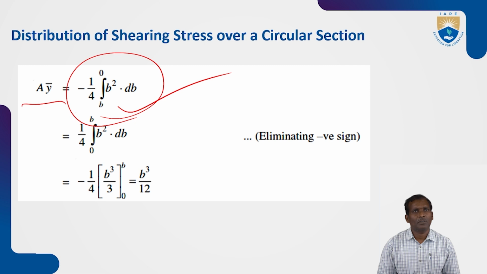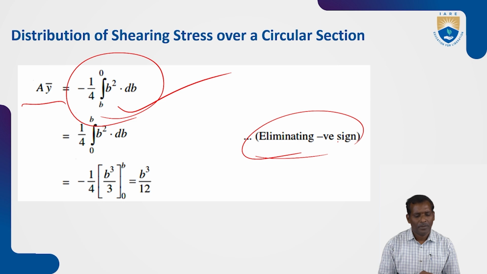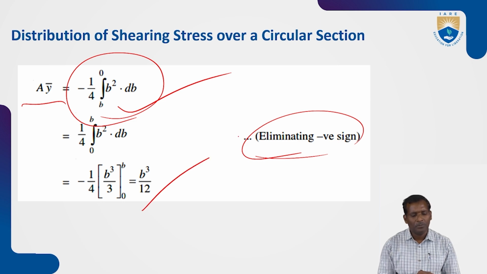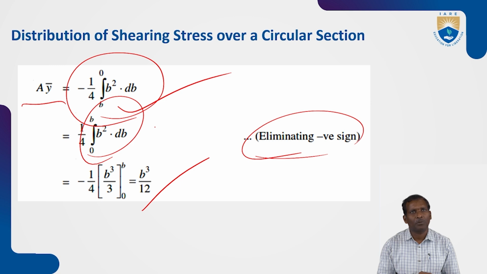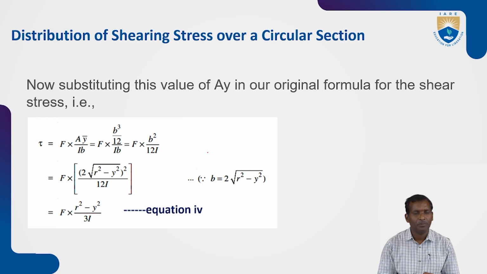So 1 by 4 integral from 0 to b of b square db, eliminating the negative sign. Now integrate b square into db: b cube by 3 from 0 to b. So b cube by 12. Thus A y bar is equal to b cube by 12.